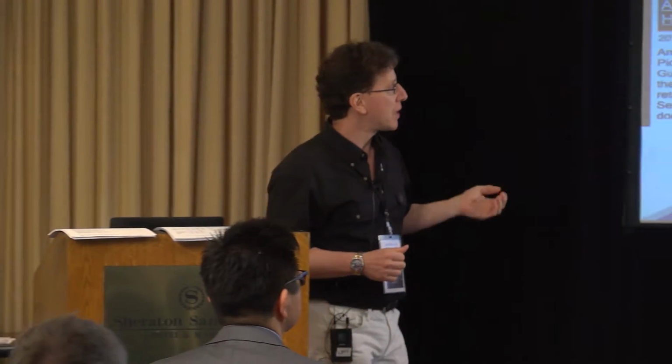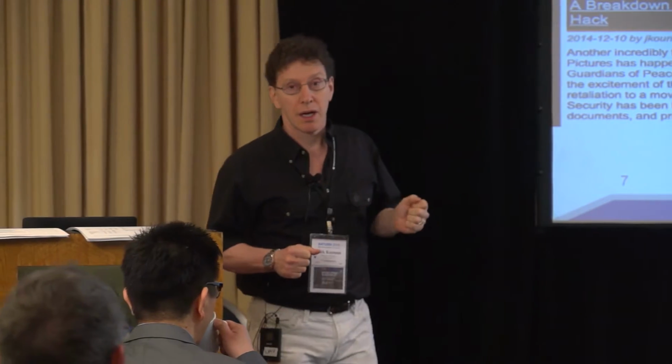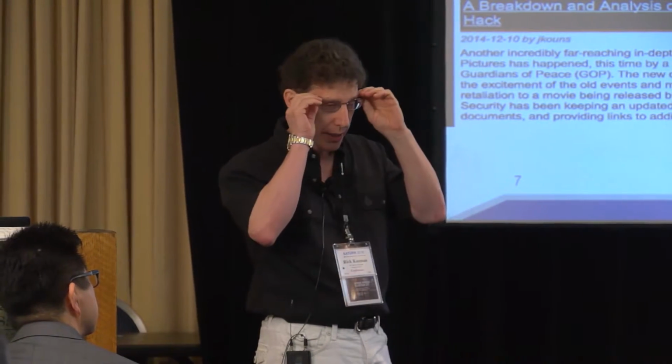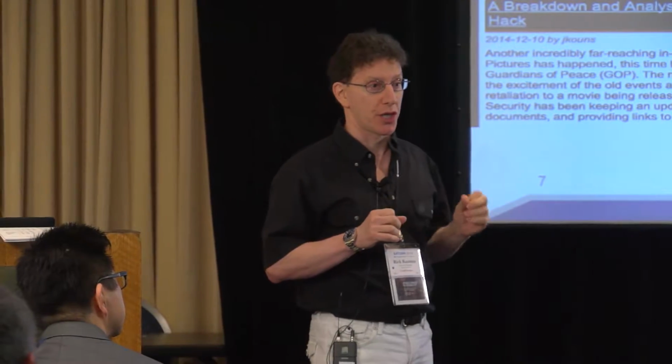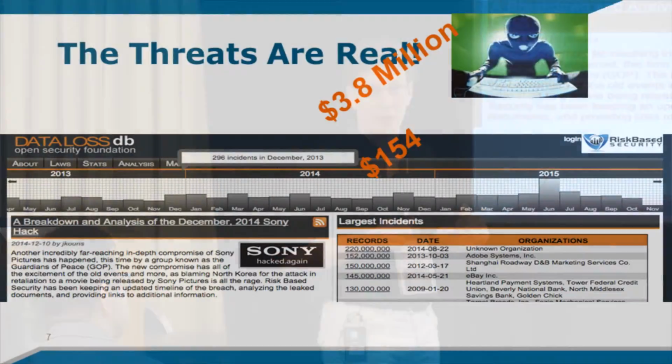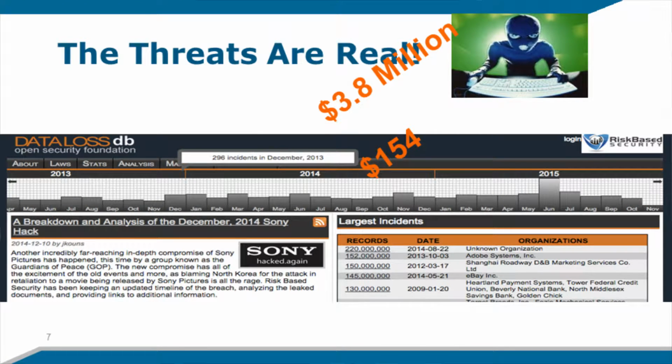And there are threats out there. Those threats are real. Hardly a week goes by where you don't hear about some august institution being hacked. According to a report from IBM last year, the average data breach had a cost of $3.8 million, and they pegged the number at $154 per data record stolen.